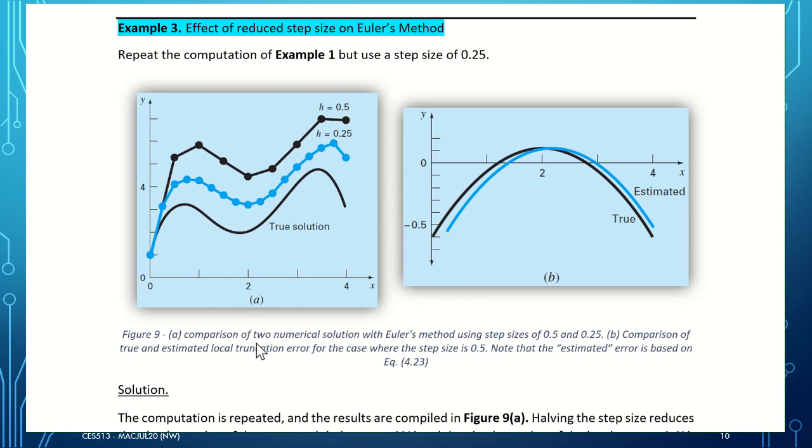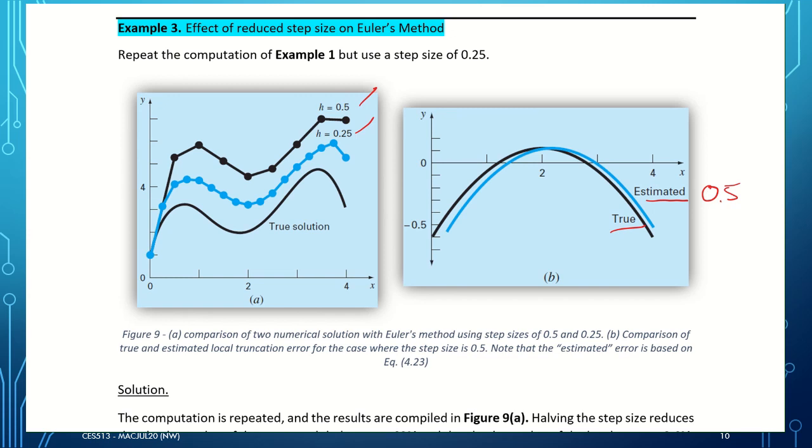The left one is a comparison of two numerical solutions with Euler's method using step sizes of 0.5 and 0.25. And B is the comparison of true and estimated local truncation error for the case where the step size is 0.5.